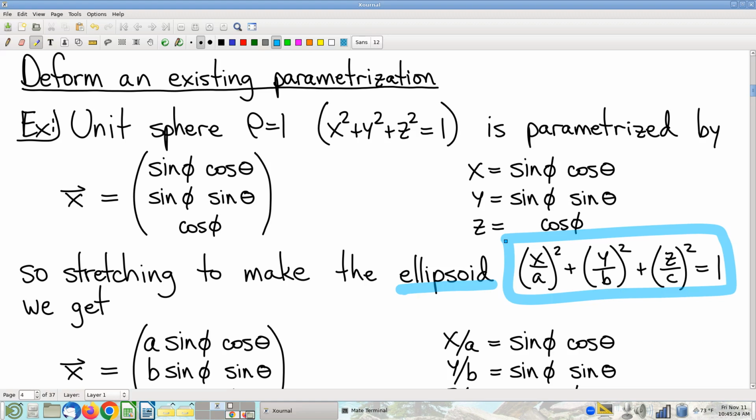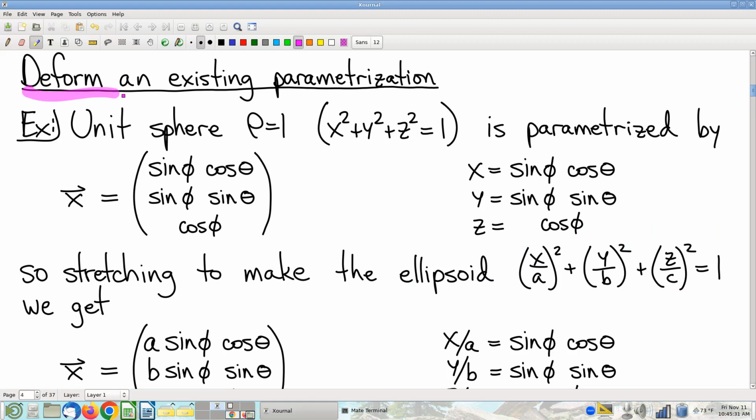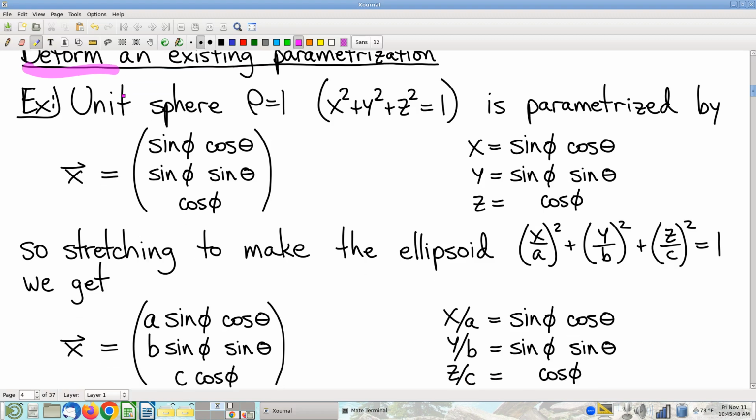Well, there's a couple different ways you can think about this. The first observation I'm going to make is that there is a deformation happening. I have a sphere, I want an ellipsoid, and the process for turning a sphere into an ellipsoid is to stretch it by different amounts in different directions. And so the stretching, you can see this in a couple different ways.